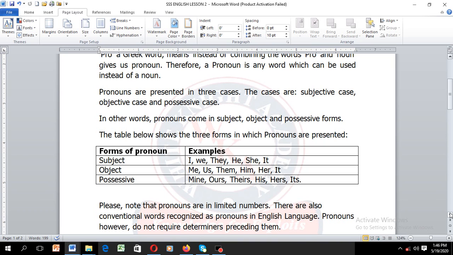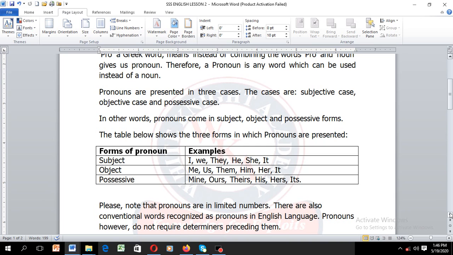This object form has to do with the person you are referring to. It may be yourself, it may be another group of people without you being inclusive, it may be a group of people with you inclusive, it may be another person in a singular form, and it could be a thing as an object to be used. Are you following? Are you getting what we are trying to pass across?